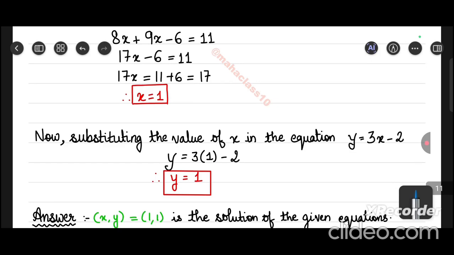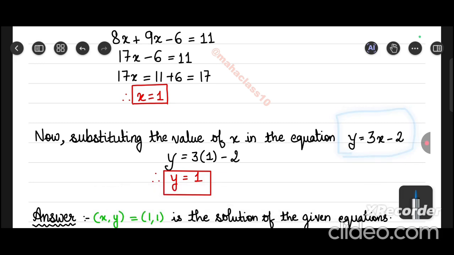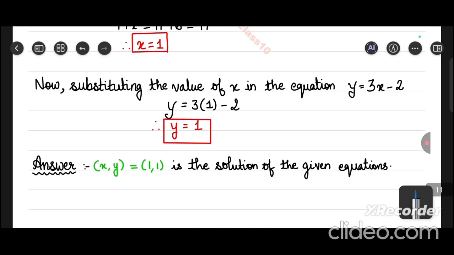Now substitute the value of x in the equation y equals 3x minus 2. You can substitute the value of x in any of the given equations. We are taking y equals 3x minus 2 because it is easy to solve. So y equals 3 times the value of x, which is 1, so 3 times 1 minus 2, we have y equals 1.